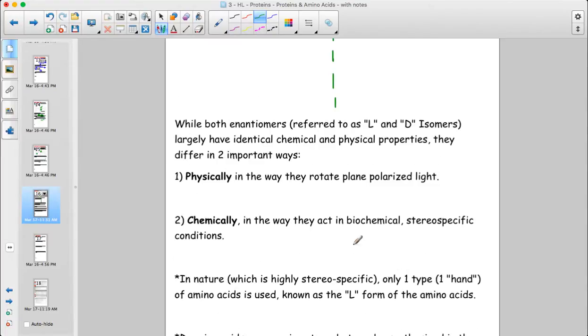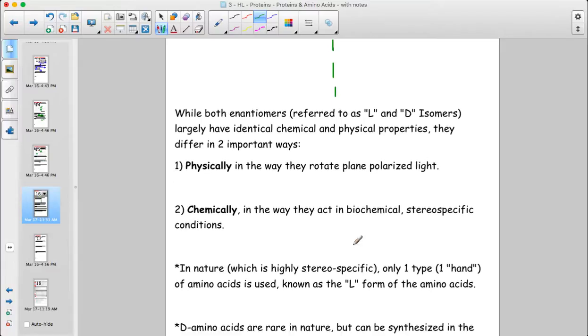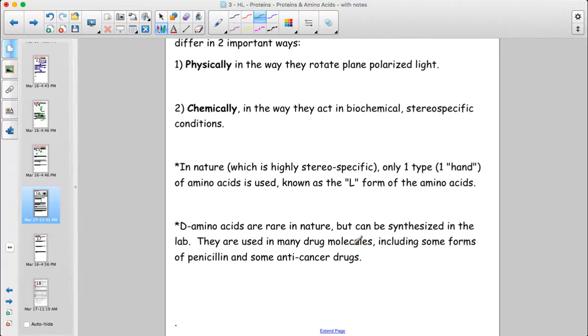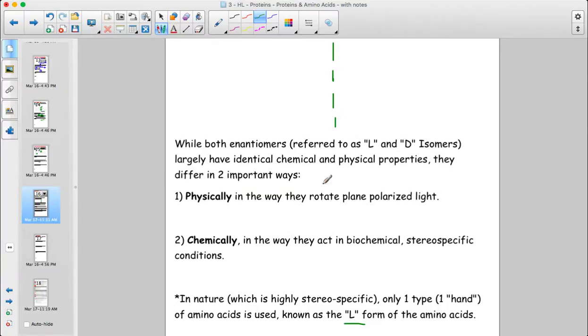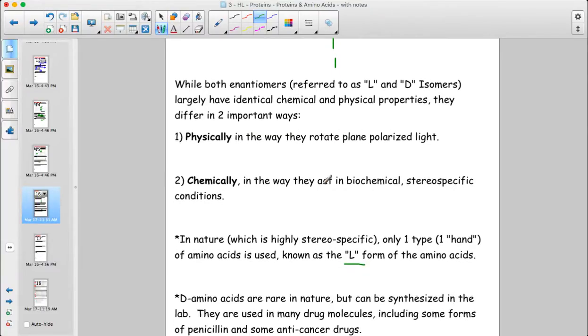One way to talk about optical isomers is L isomers and D isomers. That refers to the direction that the light gets rotated. But it's pretty incredible that our body only produces one of the optical isomers, one hand of the amino acids. Whereas if you made this in the lab, you would make 50-50 of each, and it would be really hard to only make one side.